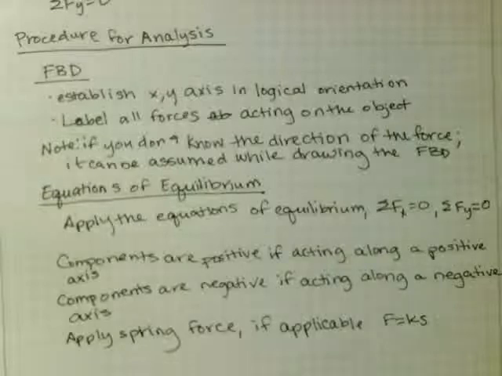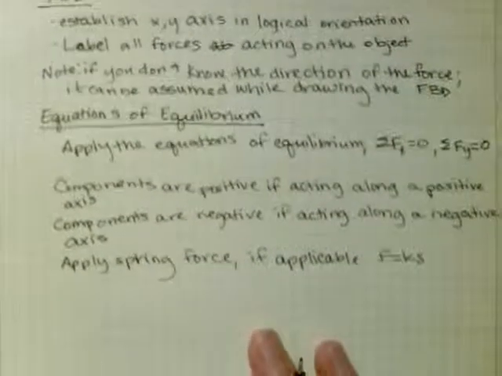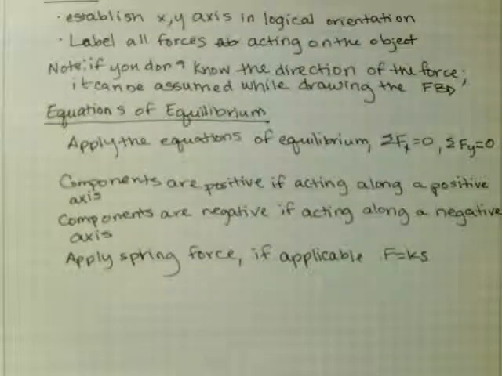Since the magnitude of a force is always a positive quantity, if the solution of a force yields a negative result, it indicates that the direction is the reverse of what is shown on the free body diagram. Right, so if you get that the force you're solving for is negative 200, it means that it's actually positive 200, but acting in the direction opposite of what you showed in your free body diagram.